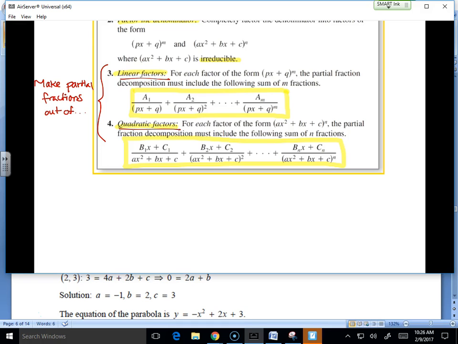So then our job after this step, and I'm going to put in a rule 5: multiply both sides by, in parentheses, the common denominator.